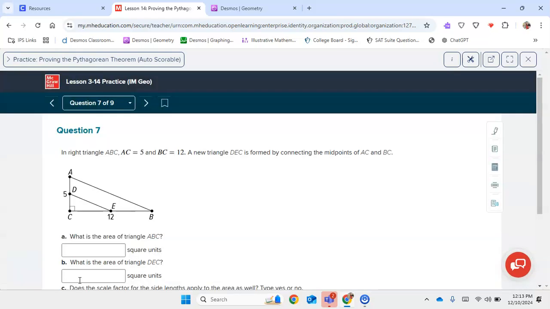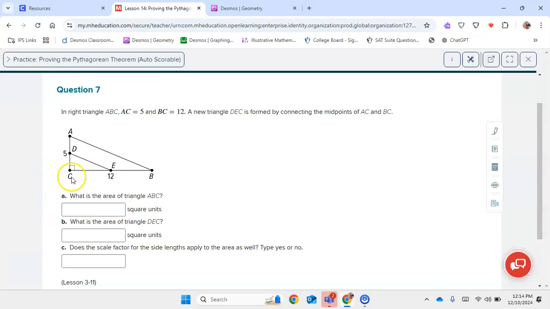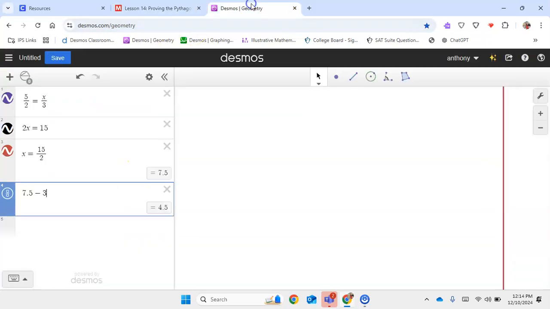Question 7. In right triangle ABC, AC is 5 and BC is 12. A new triangle DEC is formed by connecting the midpoints of AC and BC. What is the area of triangle ABC? Well, its base is 12 and its height is 5.